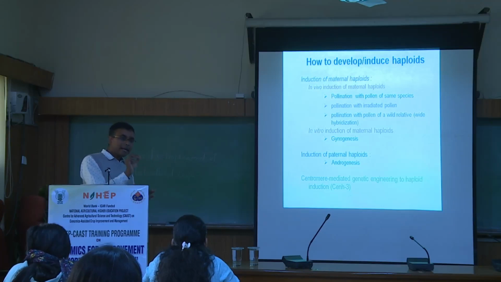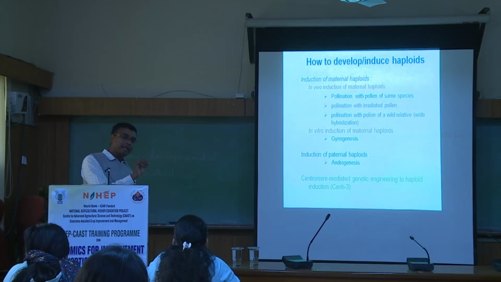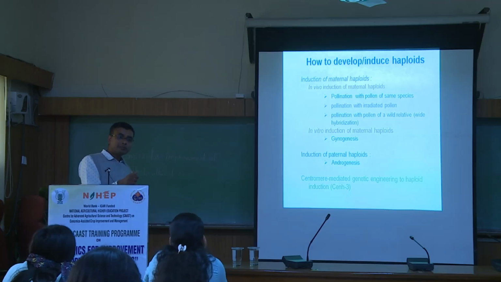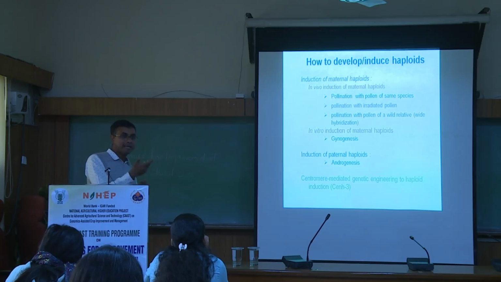What will irradiation do? It will make the pollen non-viable. The chromosomes will be eliminated. There will be no genomic composition in the irradiated pollen. But when you apply the pollen, it will induce seed setting and the other pollination-related physiological mechanisms.